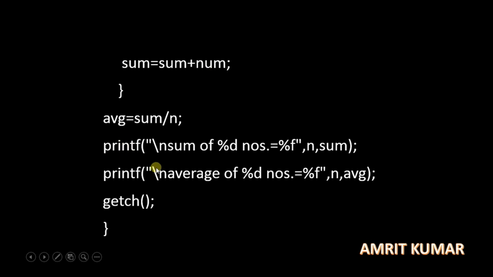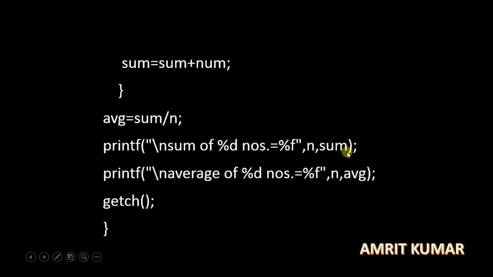Okay. Now after that, finally I am printing the sum. Percentage d is going to replace the value with this format specifier, that is n here. So the sum of n numbers is equal to percentage f, sum. Percentage f is used for a float value.